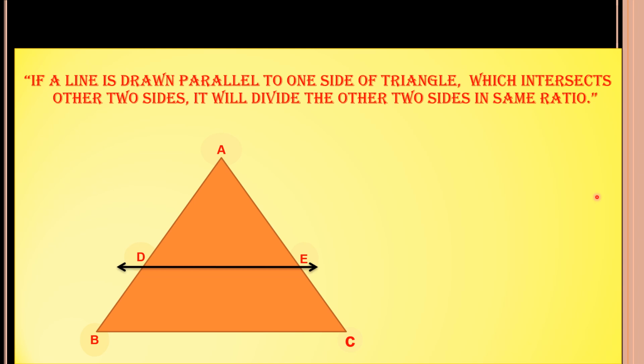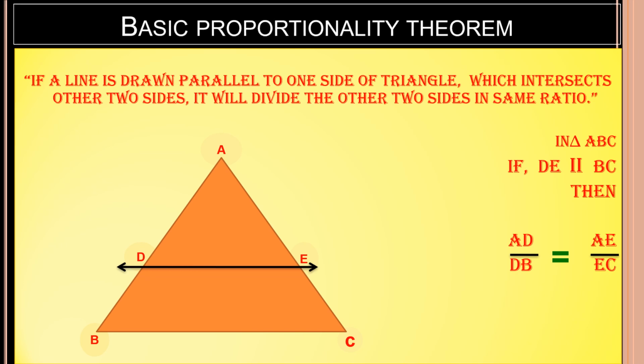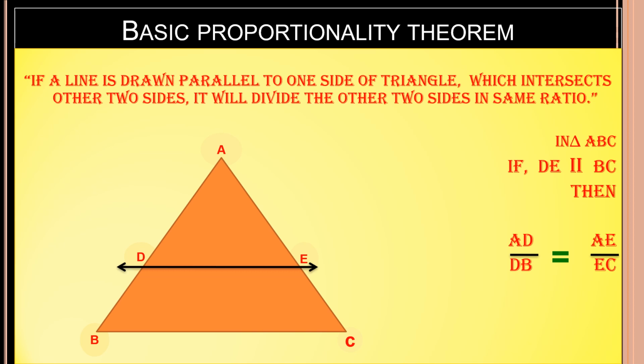This means if ABC is a triangle and DE is drawn parallel to BC such that it intersects AB as well as AC at points D and E respectively, then it will divide AB and AC in the same ratio. Means AD upon DB is equal to AE upon EC. So this is the basic proportionality theorem, BPT, Thales theorem. Very important one. We'll prove it in the next step. So let's prove it.